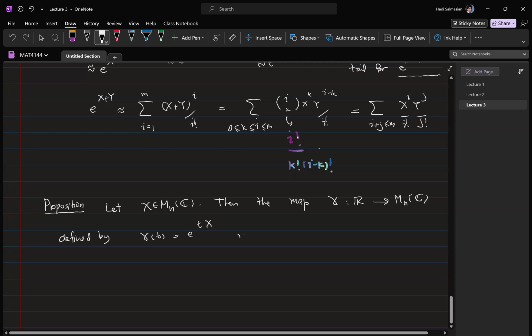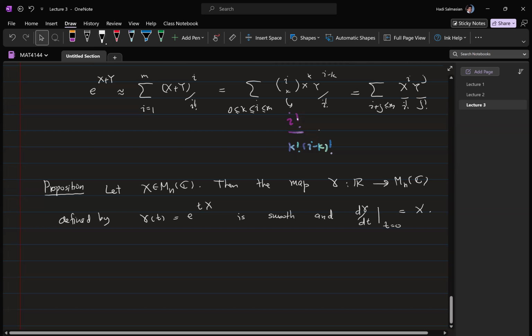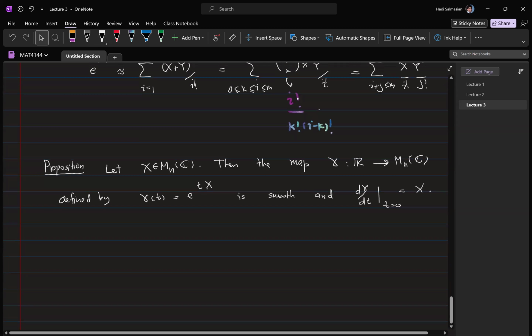So this map is a map between two real vector spaces. You can talk about differentiability just like calculus; you don't need any manifold theory. And the claim is that this map is smooth, infinitely many times differentiable, and in fact its derivative at t equal to 0 is just X. This should be familiar to you from ODEs.